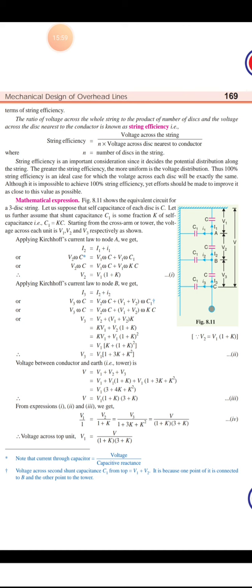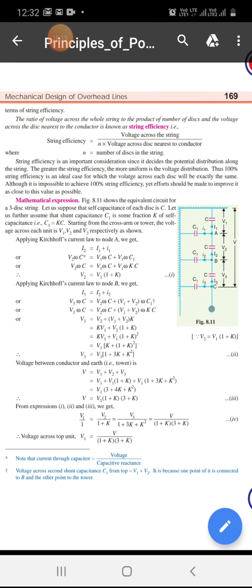Agree? Similarly, what will be I2? I2 will be V2 omega C, because the voltage across the capacitor where the current I2 is present is V2.